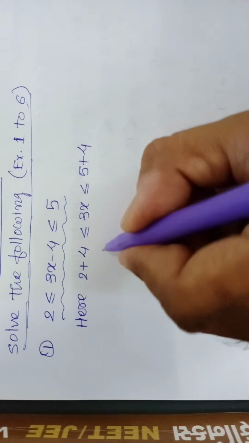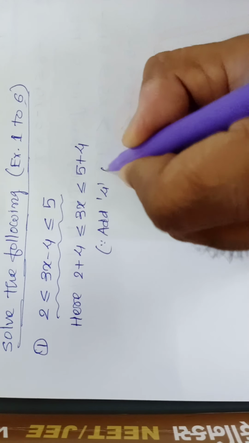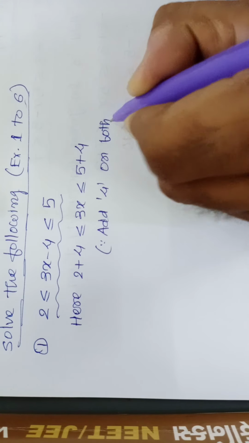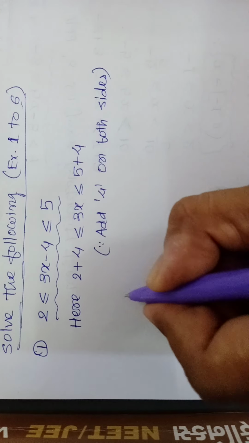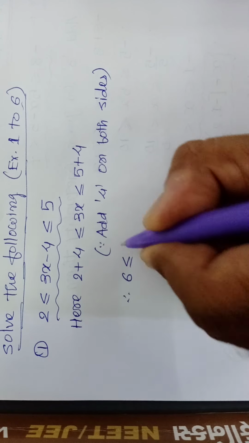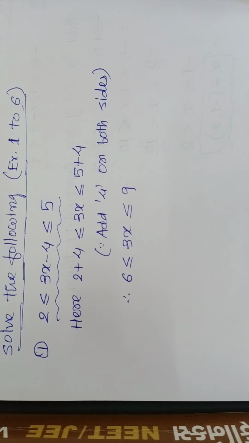The reason is we add 4 on both sides. Now this is 6 is less than or equal to 3x is less than or equal to 9.